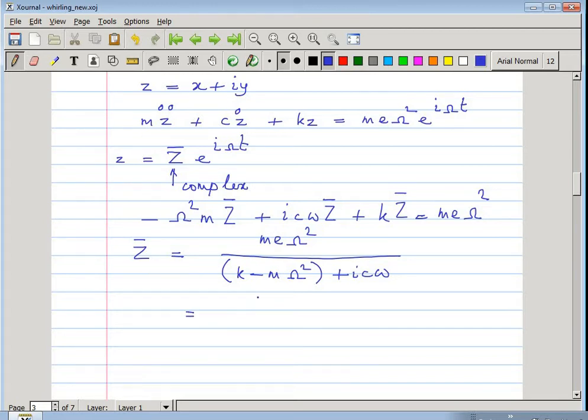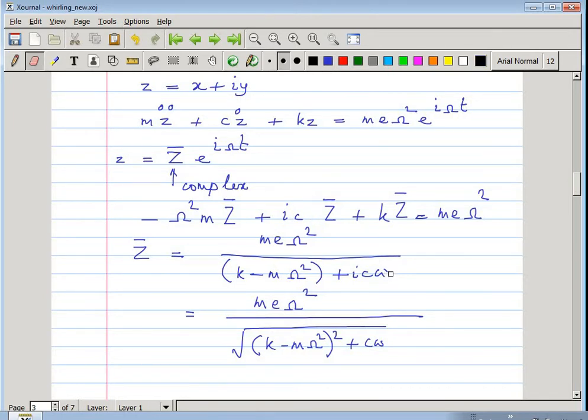So the amplitude is m e omega square by root over k minus m omega square whole square plus c omega whole square, and this has an angle e to the power i phi, where phi is tan inverse of c omega by k minus m omega square.